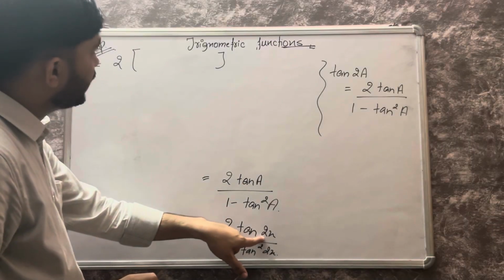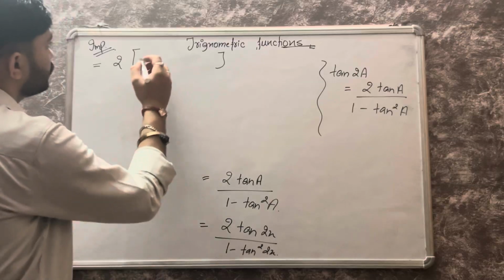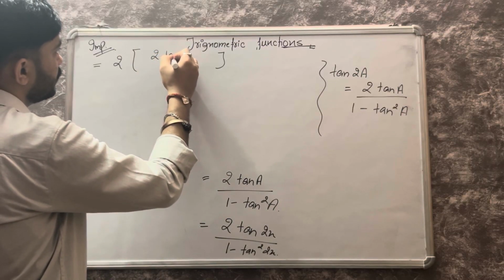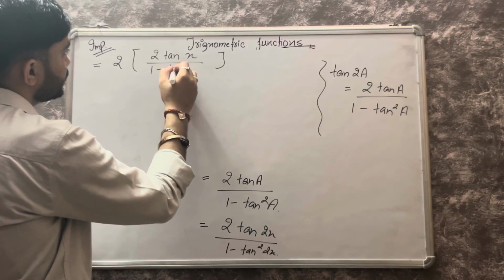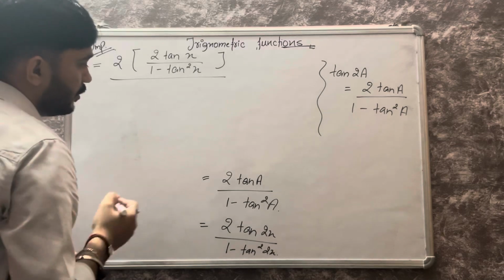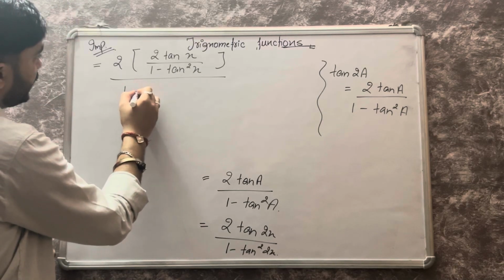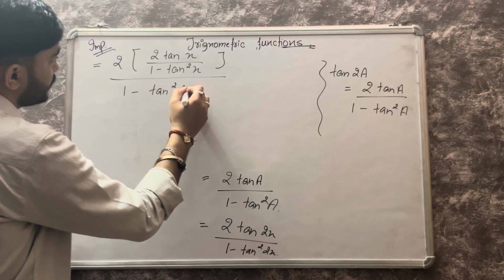So here we are going to use the formula of tan 2a, where a is x. So we will get 2 tan x divided by 1 minus tan square x, divided by what we have in the denominator, 1 minus tan square 2x.